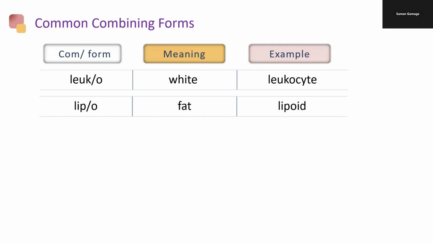Lipoid means resembling fat. Oid means resembling. Pyo is pus. Pyopoiesis is formation of pus. Poiesis means formation.